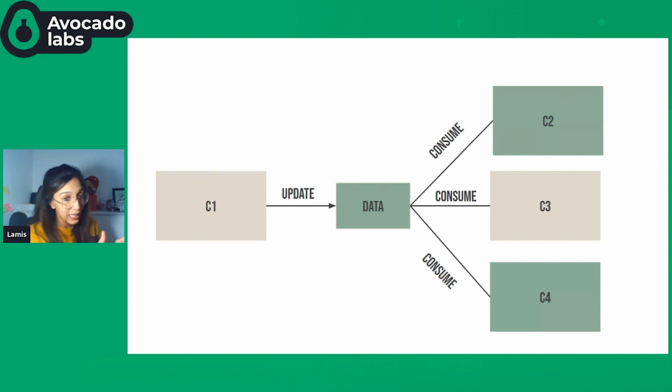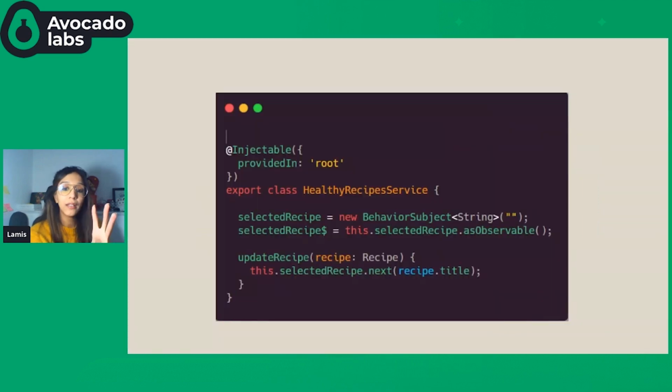So in this case, if you have a small application and you just need to share one or two kinds of data at most between your components, then consider the BehaviorSubject, which is a special kind of subject in RxJS, and subjects are like observables and observers at the same time.